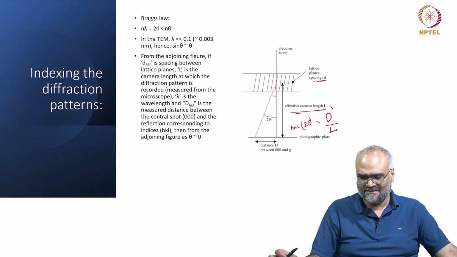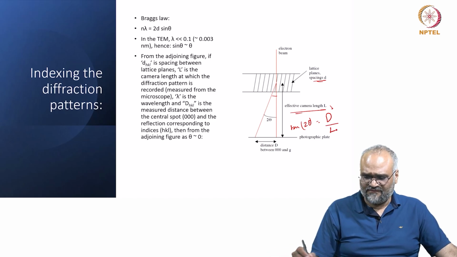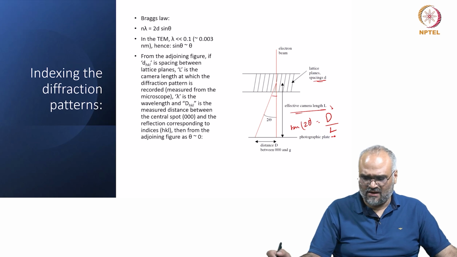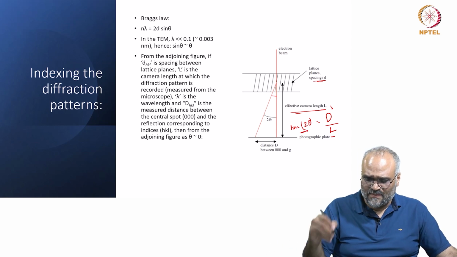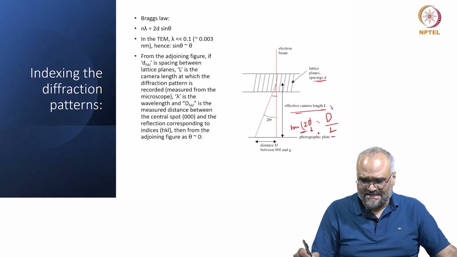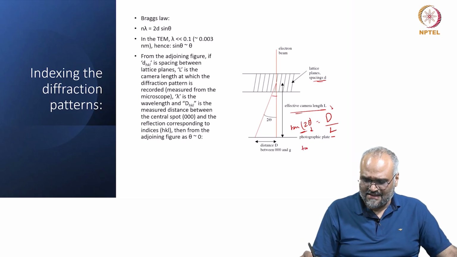Now, if I use this and the Bragg law together, and assume that my angle theta is extremely small, my tan theta becomes sin theta, or more or less theta.